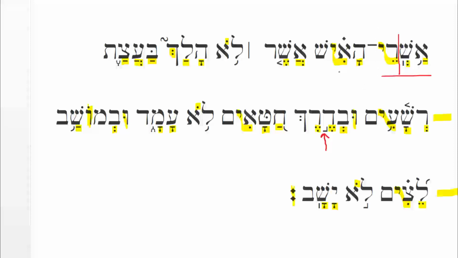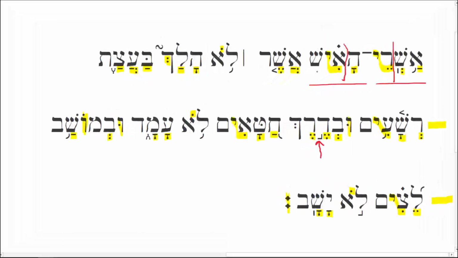Then our second word here is ha'ish. So we have the he and the kamets. The second letter is the aleph, but it has its own vowel. So we divide before it because this aleph has its own vowel, and so it is starting its own syllable. The second syllable here is ish.